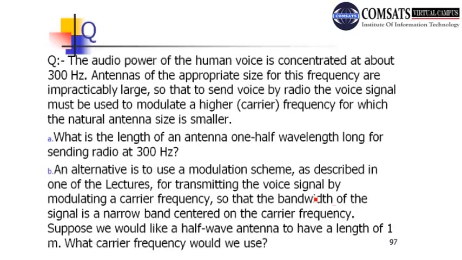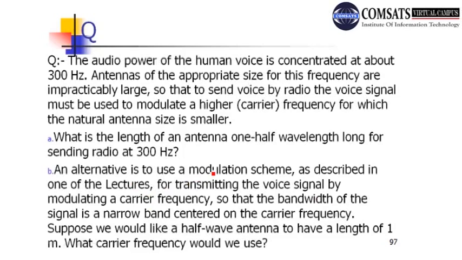So what we normally do is use carriers, because we have to transmit voice from one point to another by different means. By radio, the voice signal must be used to modulate a carrier of high frequency, right?